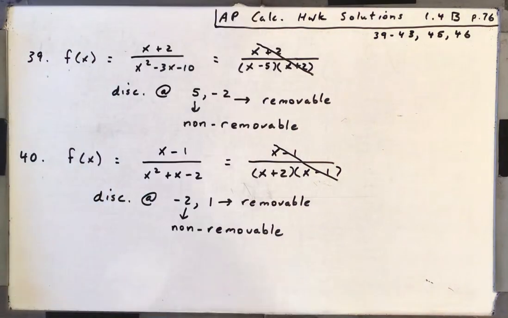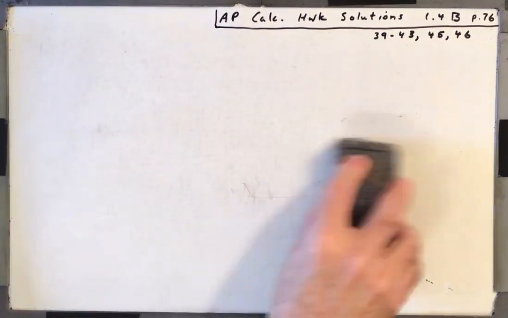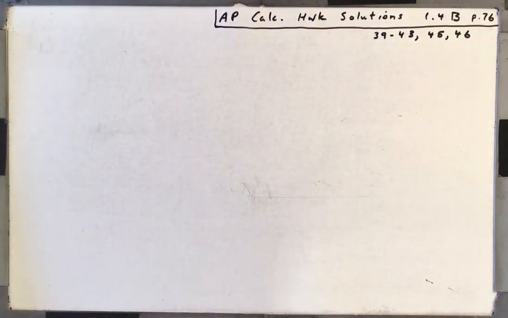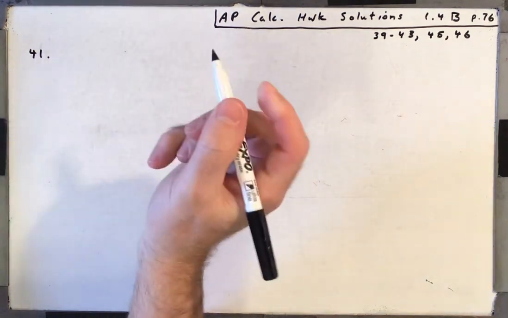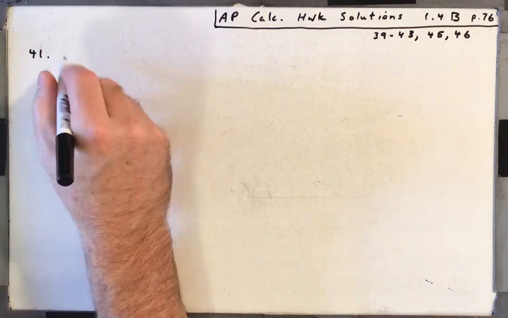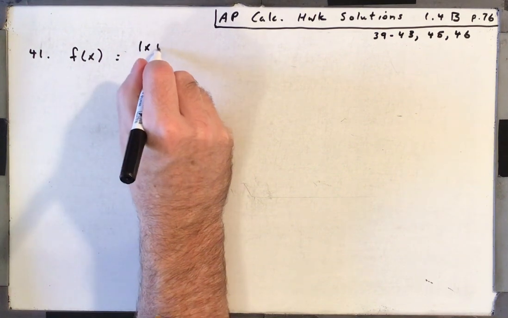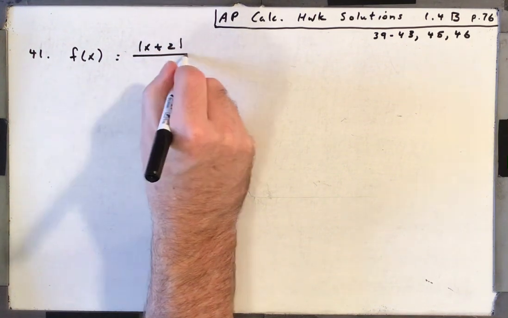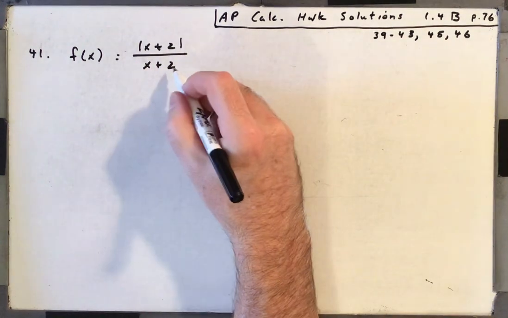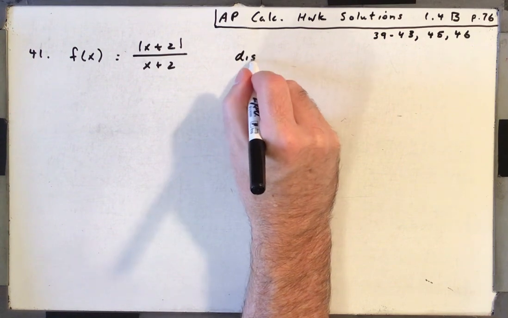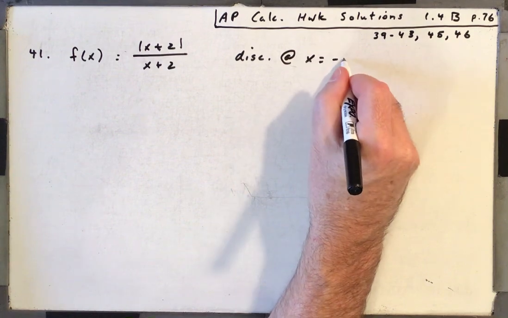All right, lovely. Okay, let's do 41. With an absolute value, we have to take limits from both sides here. So let's say we have f of x equal to the absolute value of x plus 2 over x plus 2. So where are we going to have a possible discontinuity? Well, we're going to have a discontinuity at x equals negative 2, right?